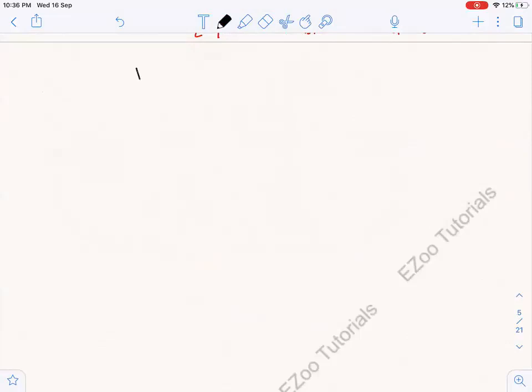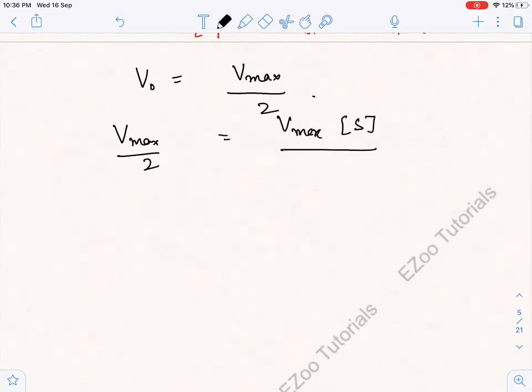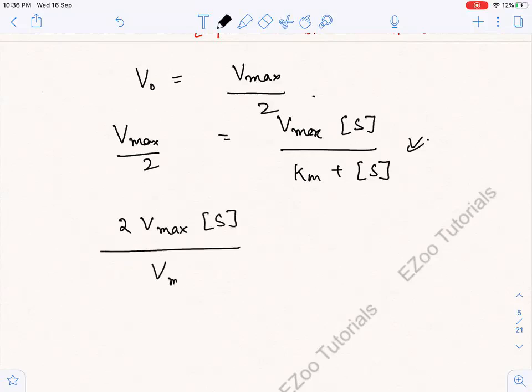Now we say that V naught is equal to Vmax upon 2. So Vmax upon 2 is equal to Vmax S upon Km plus S, right? This is the Michaelis-Menten equation. So 2 Vmax S upon Vmax is equal to Km plus S upon Vmax.